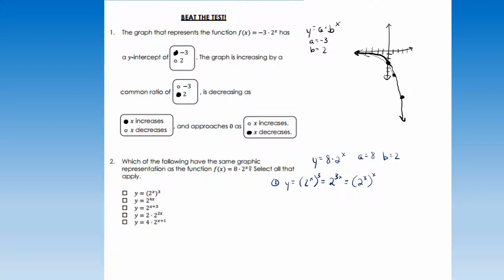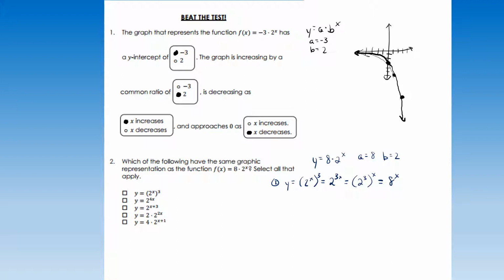All I really did was switch the location of x and 3, which I can do because multiplication is commutative. The order doesn't matter. I can do 2 to the x and then to the third, or I can do 2 to the third and then to the x power. Well, 2 to the third is 8 to the x.